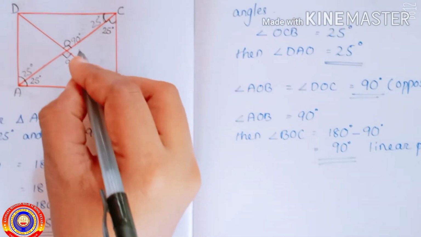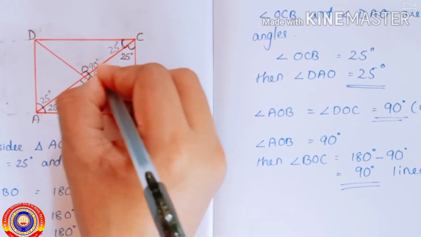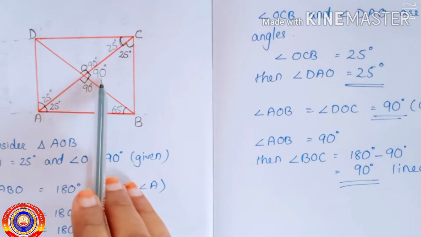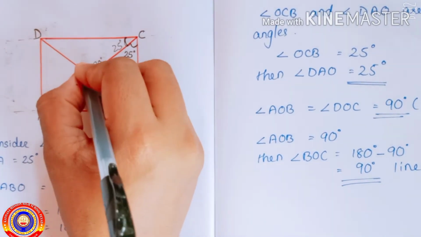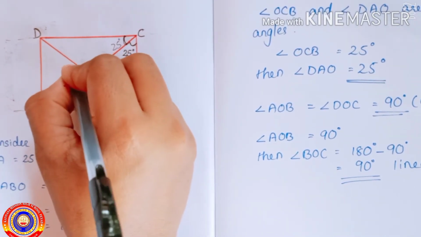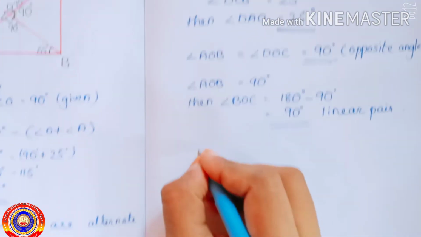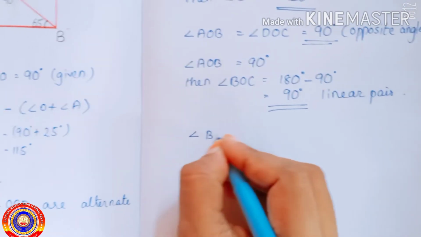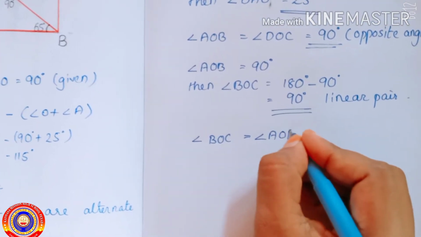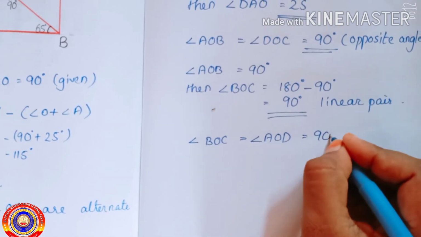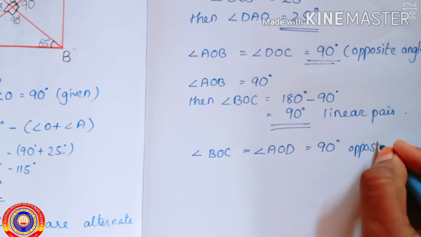Then the angle opposite to BOC is angle AOD, which is also 90 degrees. That is, angle BOC is equal to angle AOD is equal to 90 degrees, which are opposite angles.